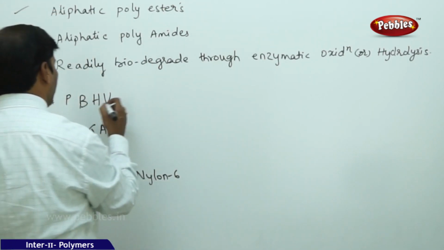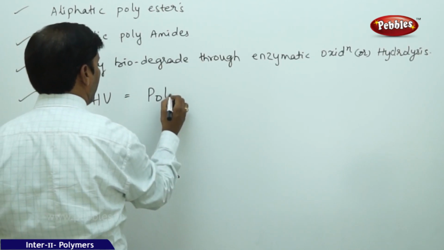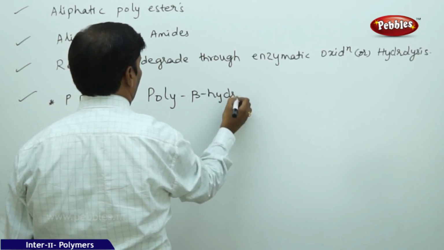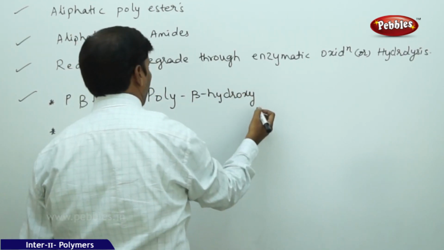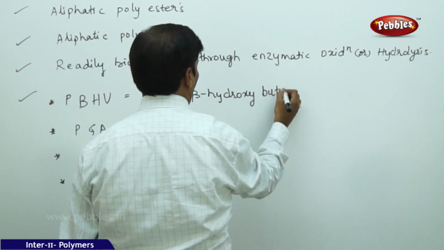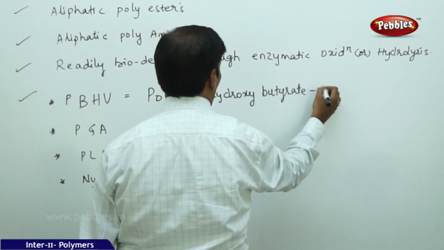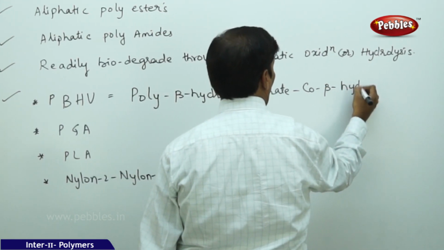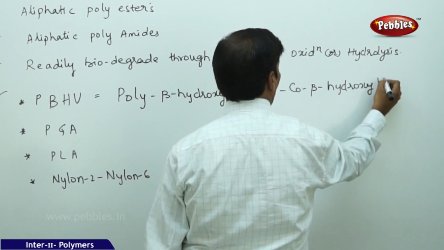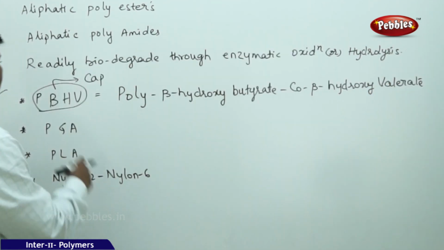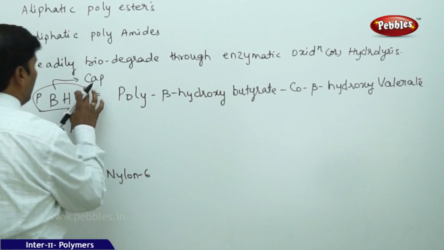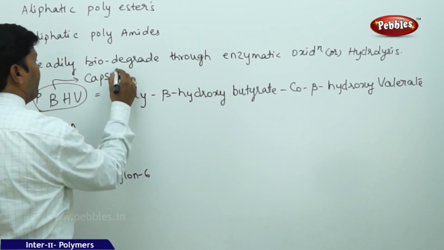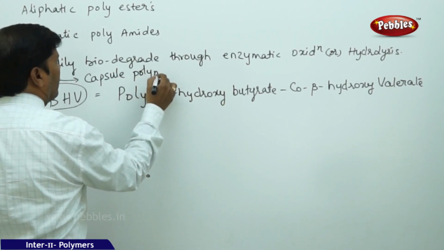If you go for PBHV, this is poly beta hydroxybutyrate co beta hydroxyvalerate. This PBHV is one of the most sought after biodegradable polymers. It is also called capsule polymer.